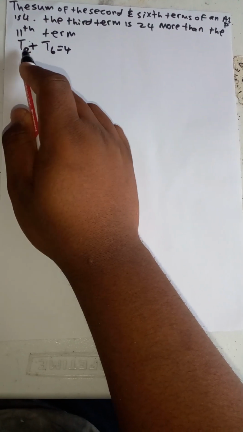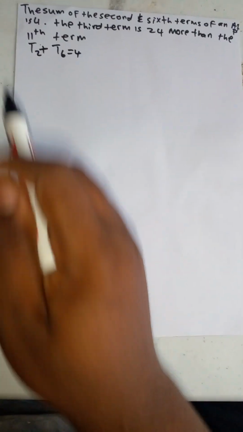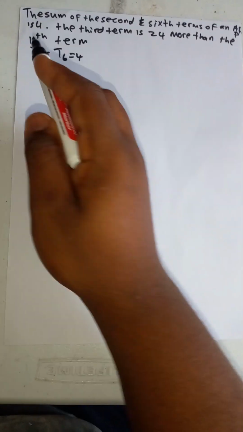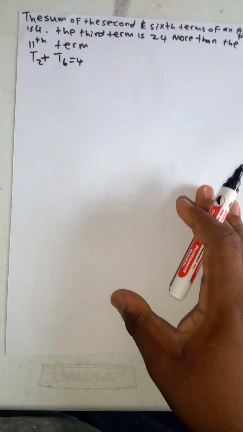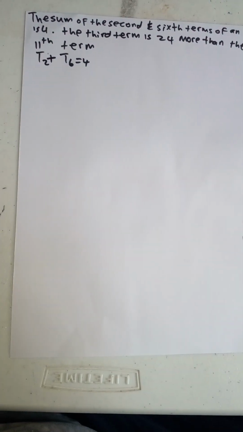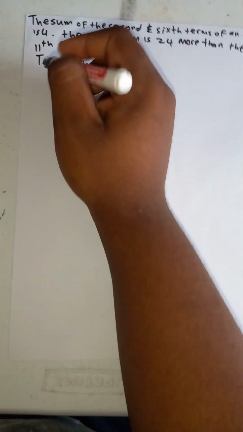But now check something. We have to isolate T2 and T6, because this is Tn, but n was substituted by 2 and 6. We have the general formula, which is Tn equals a plus n minus 1 times d. Let's start with T2.